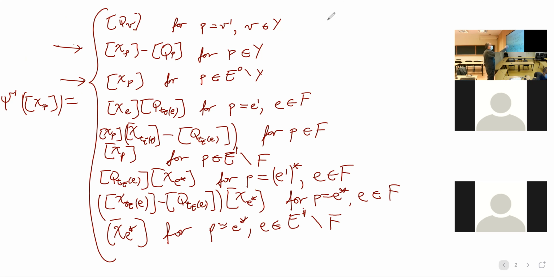Now, of course, it makes no sense to check these two cases because this is basically where you would apply identities. Right, so when P is in E0 less Y, or when P is in E1 less F, forget it. There's nothing to compute. So these cases are trivial.